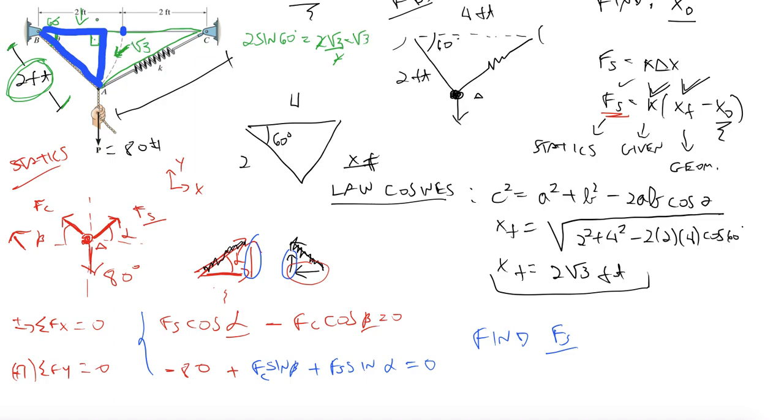And this right here is cosine, so 2 cosine 60, which is just 1/2. So 2 times 1/2 equals 1, right? 1. Awesome. So I have that one.